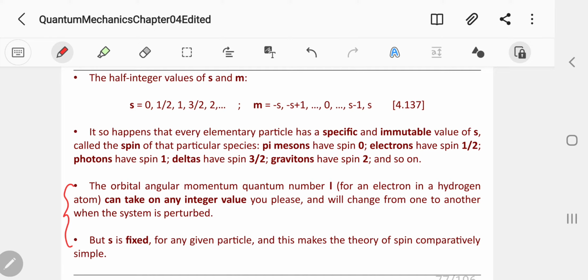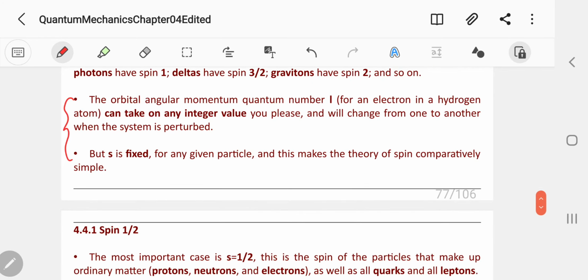You can change L by putting in or getting energy, but S for any given particle is fixed. So for an electron, the spin would have to be 1/2 all the time.